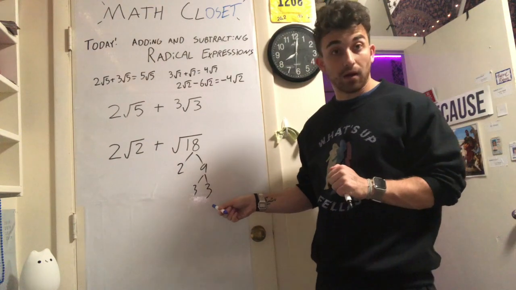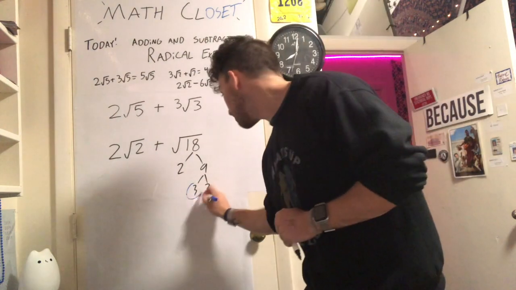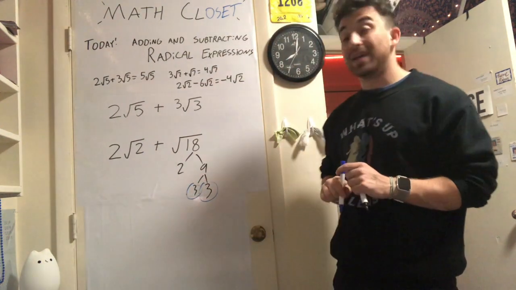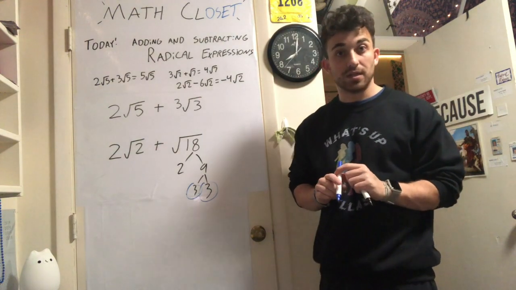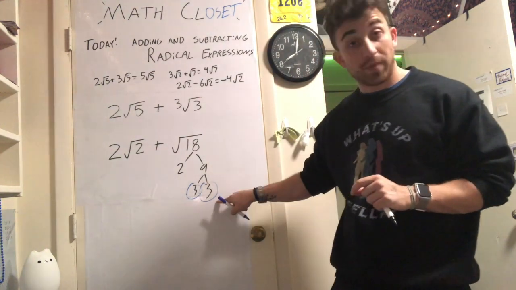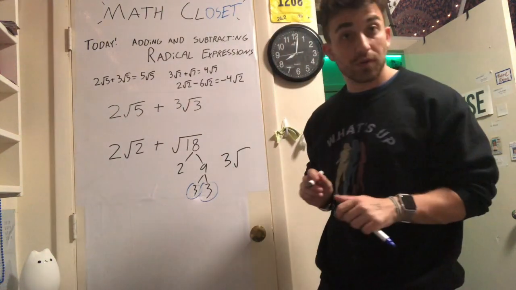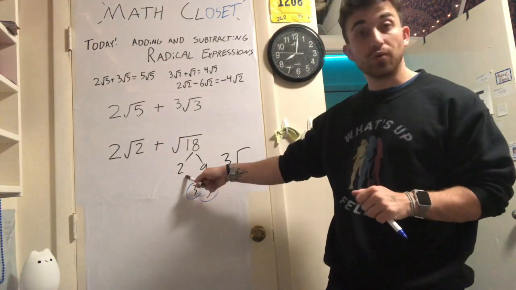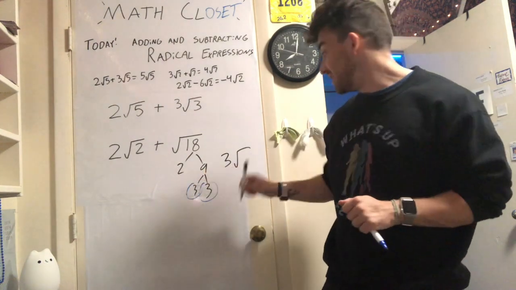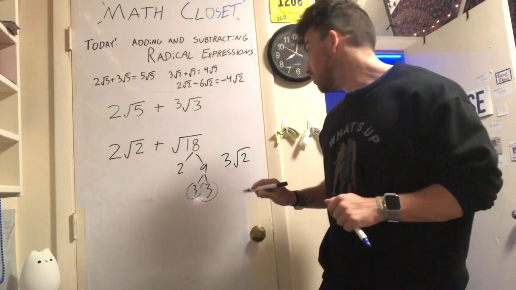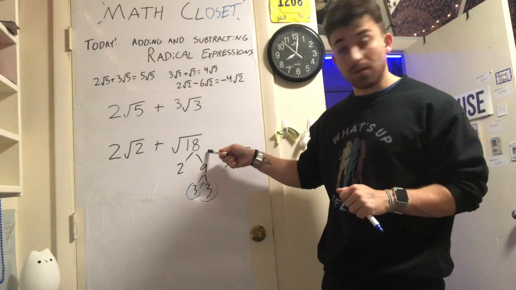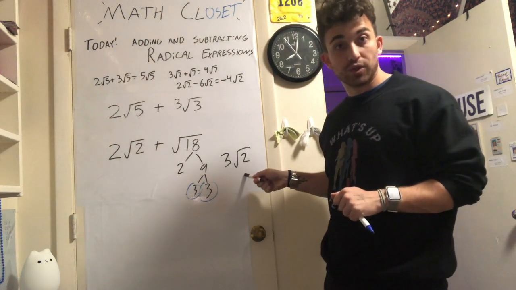There's a pair of prime factors, this 3 and this 3. So I can simplify radical 18 as there's a pair of 3's, so 3 can go outside of the radical sign. And there's a 2 that didn't have a pair, so the 2 stays inside the radical. So radical 18 is the same as 3 radical 2.